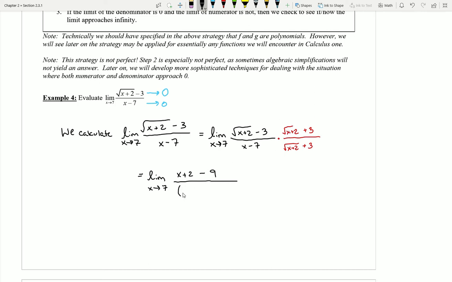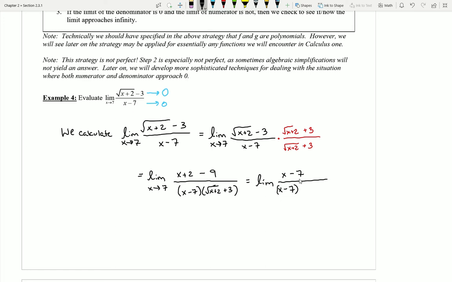In the denominator, I'm again not going to bother multiplying this out since it's going to be really, really ugly, but I'll just write these two pieces sitting next to each other. Of course, what I'll notice is that the numerator actually does simplify down to just be x minus 7.